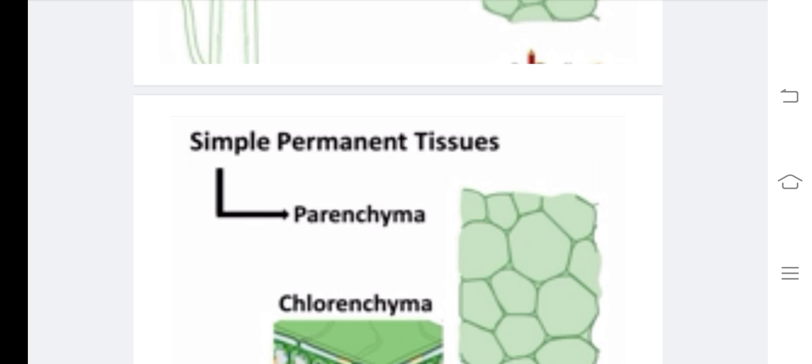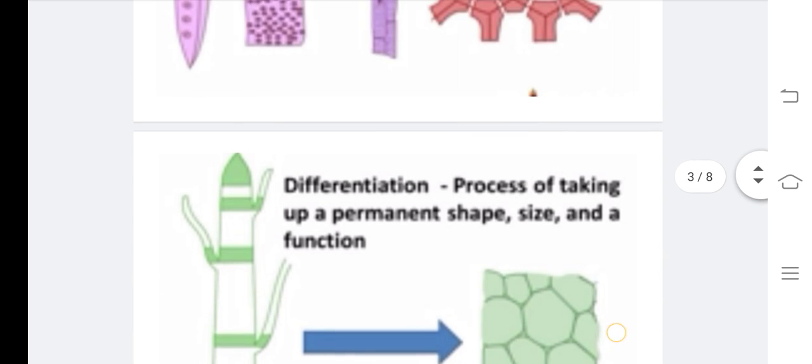What are permanent tissues? Already you know that meristematic tissues change when they lose the ability to divide; they change into permanent tissues. Permanent tissues are again classified into two types: simple permanent tissues and complex permanent tissues, children.